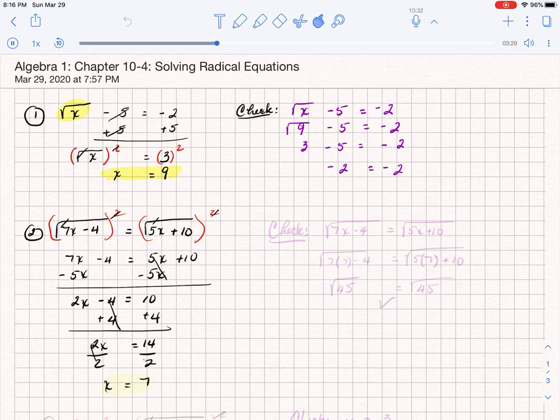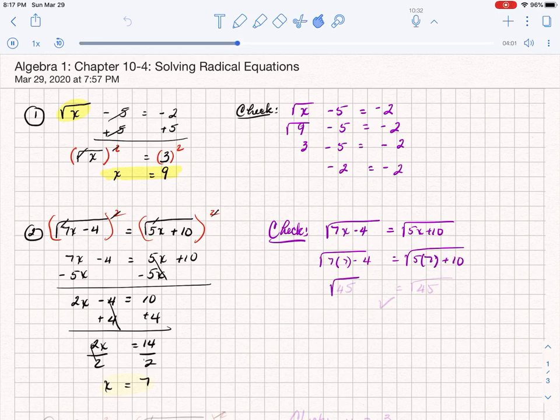Let's see if that is correct. Let me check it. Bring back the original: square root of 7x minus 4 equals square root of 5x plus 10. Let's substitute in 7 times 7 minus 4 equals 5 times 7 plus 10.